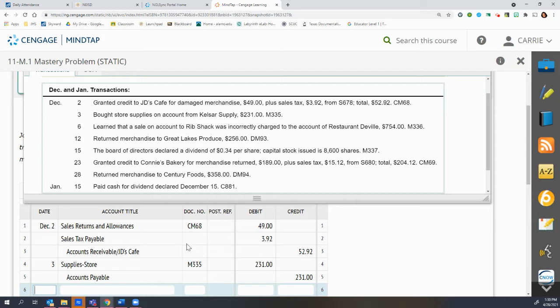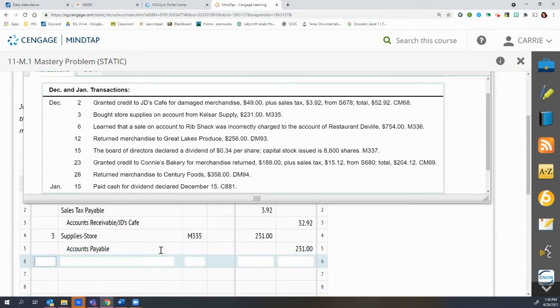Okay. Next is we learned that a sale on account to Rib Shack was incorrectly charged to the account of Restaurant DeVille. So we did a sale on account that was supposed to go to Rib Shack, but we charged Restaurant DeVille. So if we are doing a sale on account, that's accounts receivable, right? So we need to debit the correct account.